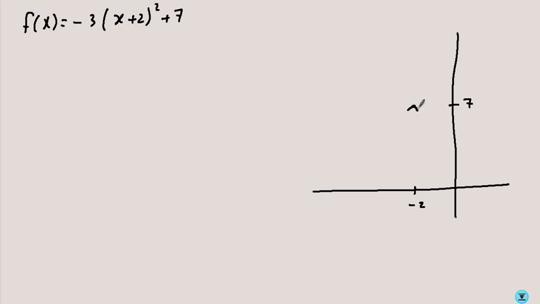Let's work out the y-intercept. F of 0 equals negative 3 times 2 squared plus 7. This is negative 12 plus 7, which is negative 5. So our y-intercept is somewhere here.